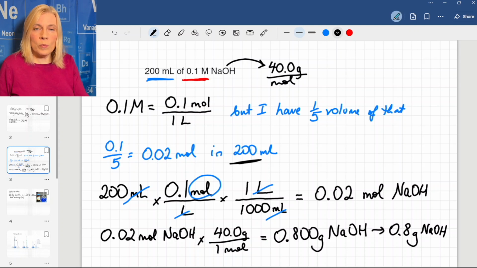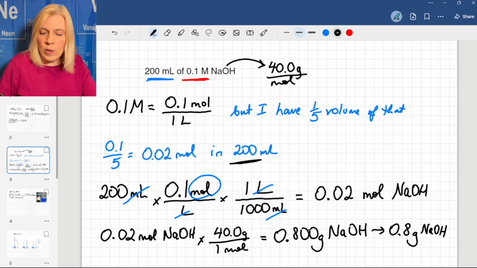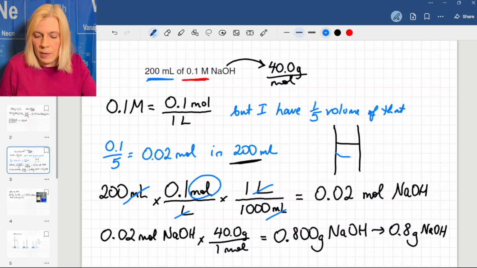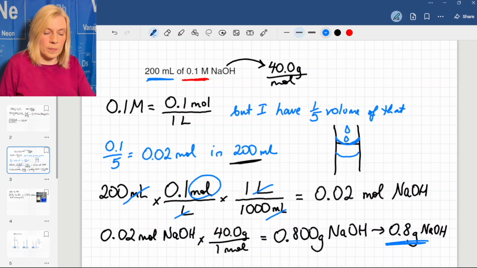Then I'm going to use my graduated cylinder to transfer more water in. When I'm a little bit below the tick mark, I'm going to start adding with an eyedropper, drop by drop, slowly until my meniscus touches the tick mark, and that's when I am done. So I need this much of my solid.